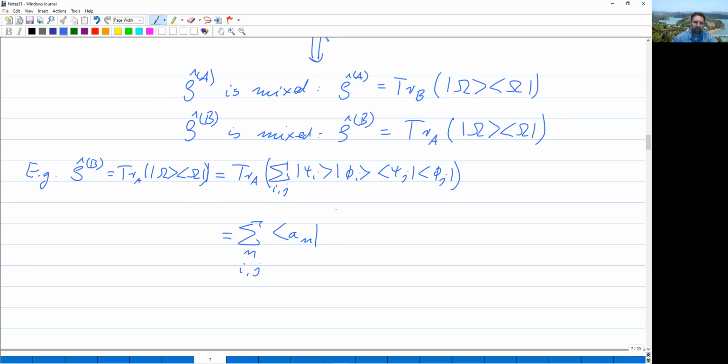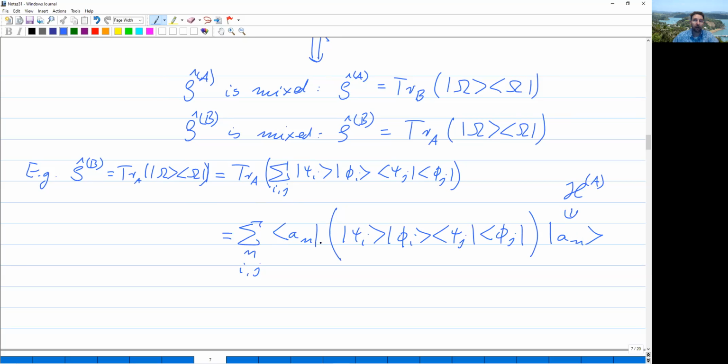So we have the a_n here, and then in here we have psi i, phi i, psi j, and phi j. And here we have the a_n again, right? Because we're forming the trace over the Hilbert space of system A. And let's say these are basis vectors in system A. So these guys are elements of the Hilbert space of system A.